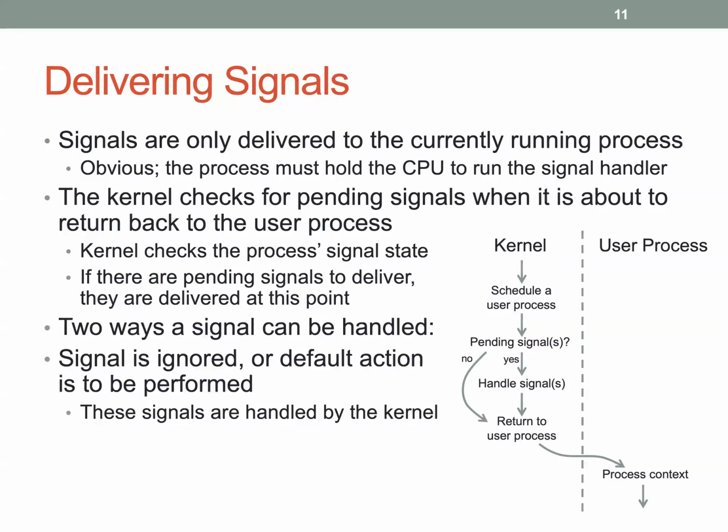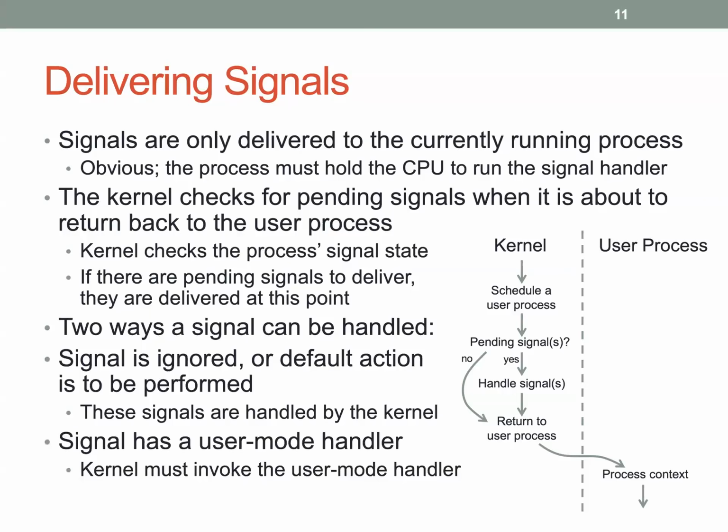Now, there are two ways a signal can be handled, and these are what I already kind of alluded to in the previous slide. Either we have some default behavior. One of the default options is ignore. Another thing you can do is just say, I want to ignore this. So you can explicitly say, ignore this, even if it's not the default behavior. Or you can have a user mode handler.